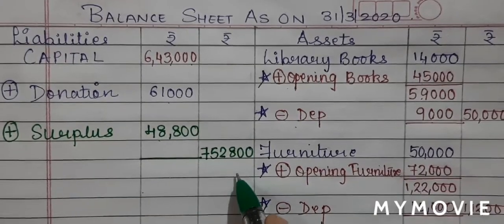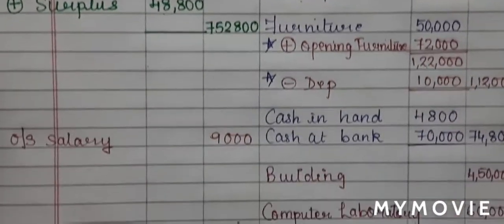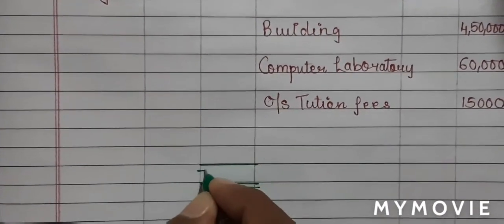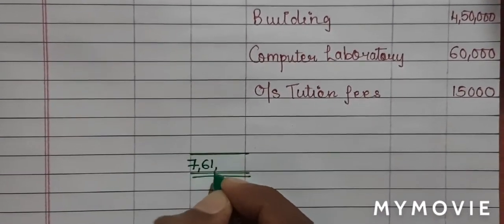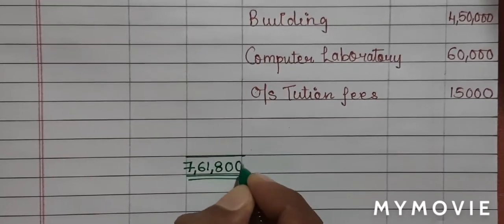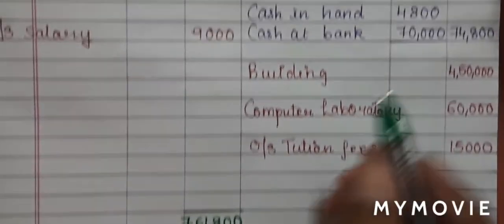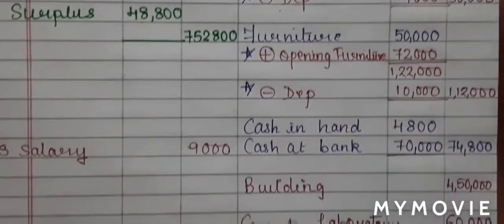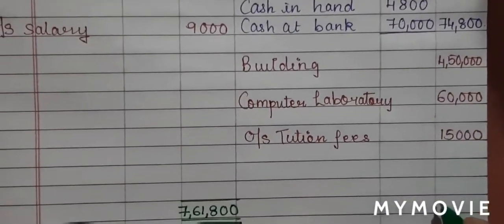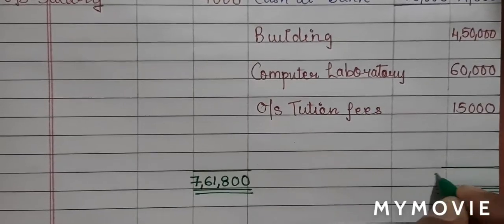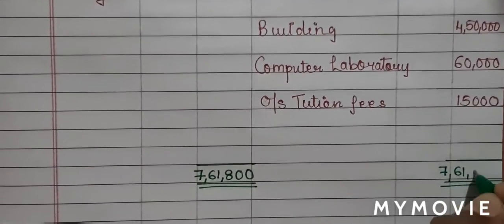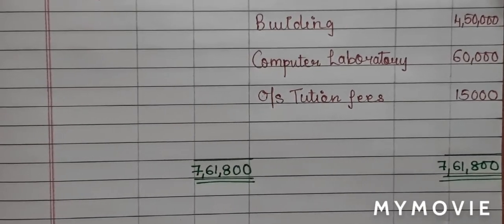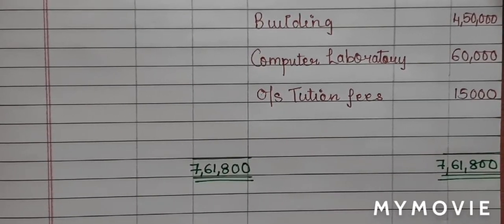I will now total the liability side. When I total the liability side, I get a total of 7,61,800. Now in the same manner, I will total the asset side. When I total the asset side, I get the same total as the liability, that is 7,61,800. With this, students, we have tallied the sum, and I hope you have understood the problem.